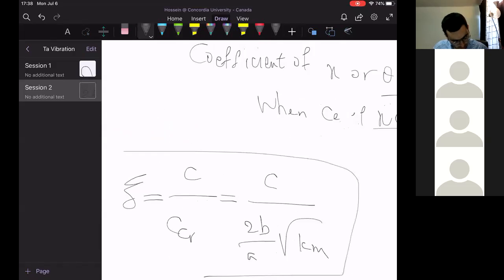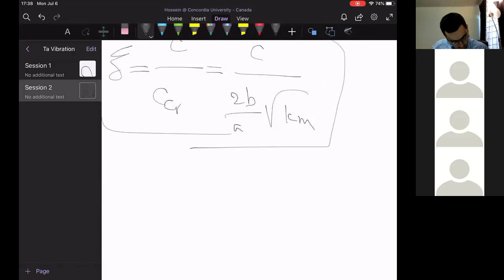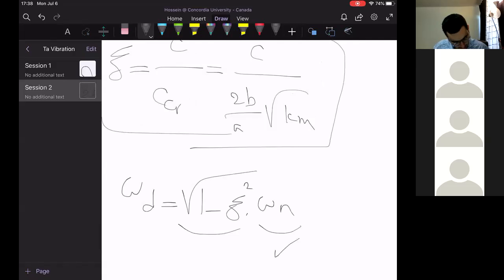Zeta is done, right? Once you obtain zeta, the damped natural frequency can be calculated as omega n times square root of 1 minus zeta squared. Omega n is obtained and zeta is obtained.